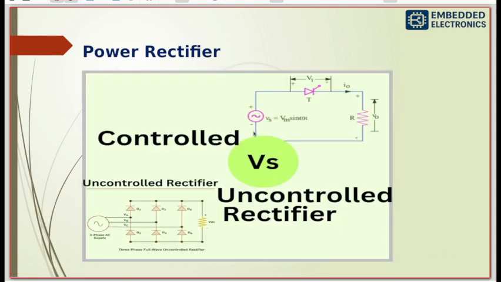Here you can see this is the controlled and this is the uncontrolled rectifier. In the uncontrolled rectifier, as soon as the AC voltage pushes in the right direction, the diode opens automatically.